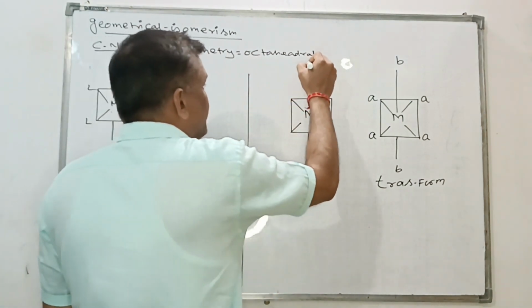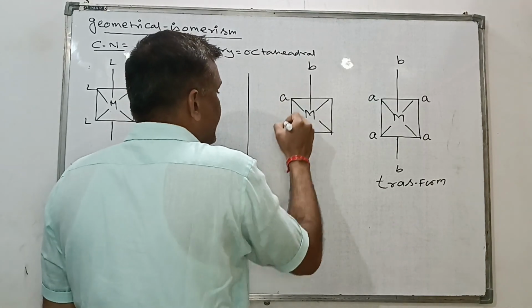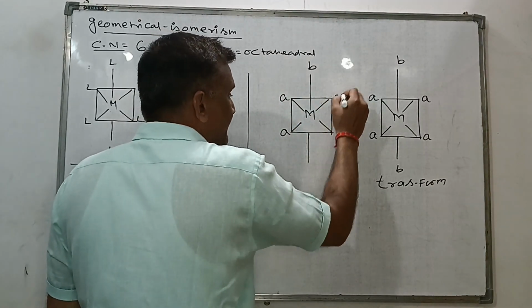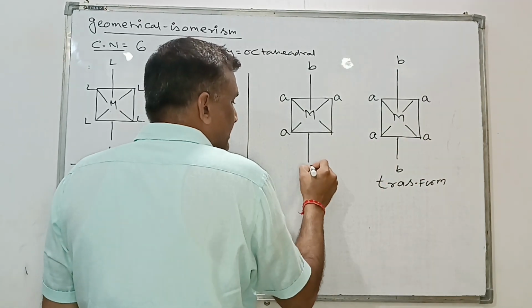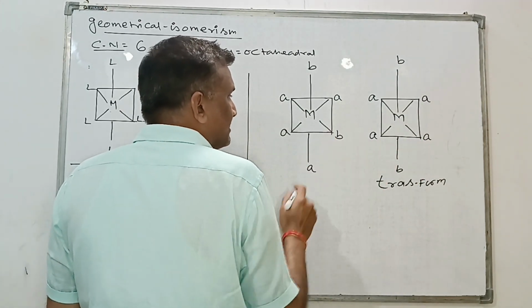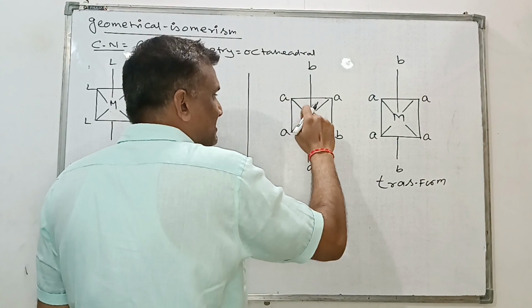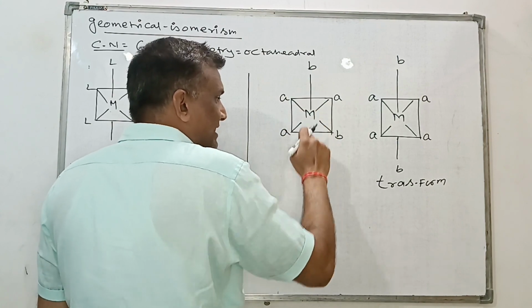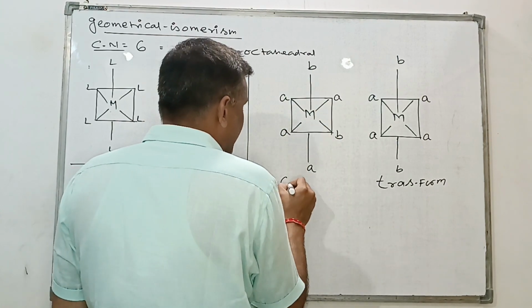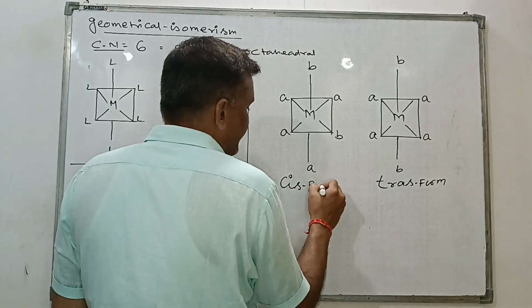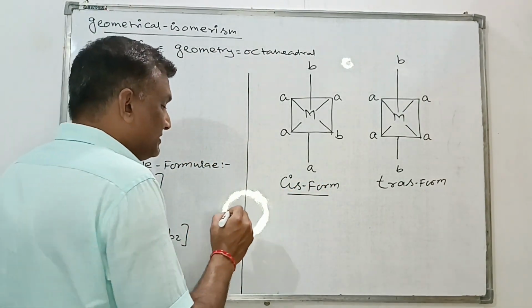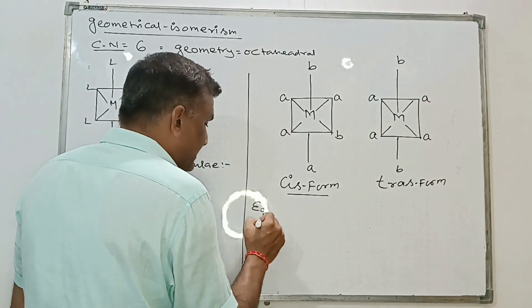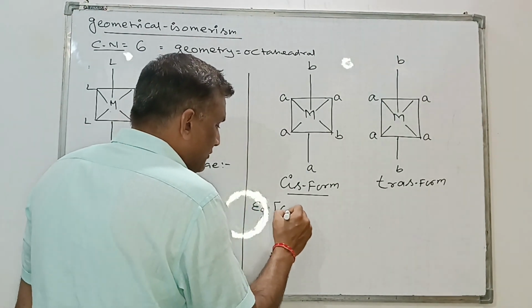This is your B, this is your A, this is your A, this is your A. I am removing this A from here to here, and B is here. So this is the 90 angle, this is the 90 angle, this is the 90 angle. That's why it is called cis form. As an example we can take Co.